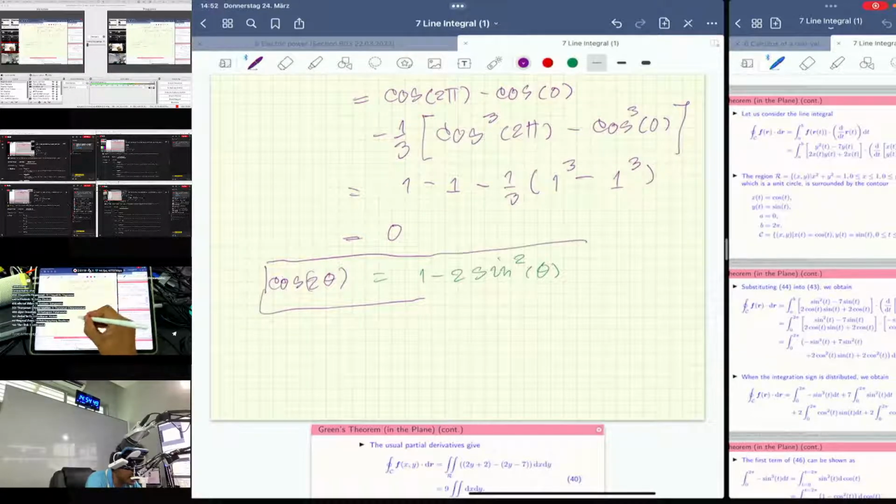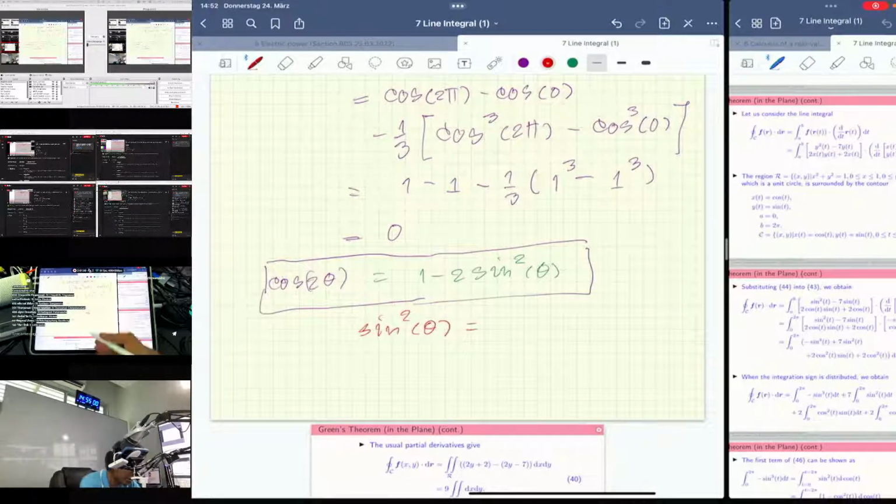That's the basic thing. And from this relation, you can see that sine square theta is equal to 1 by 2 of 1 minus cosine 2 theta. All right.